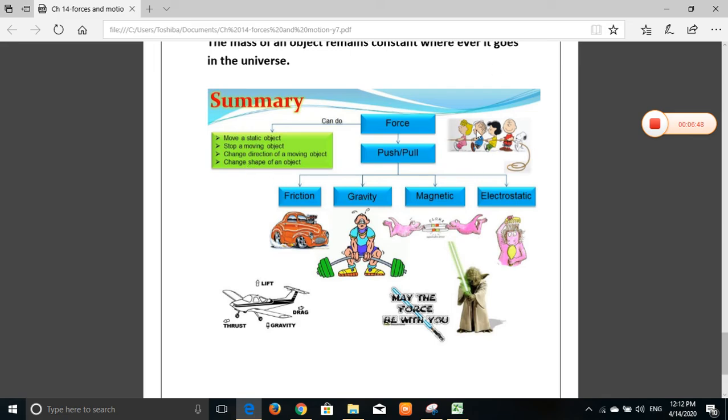Look at the pull by these persons. And the forms of force: friction between the car and the ground.